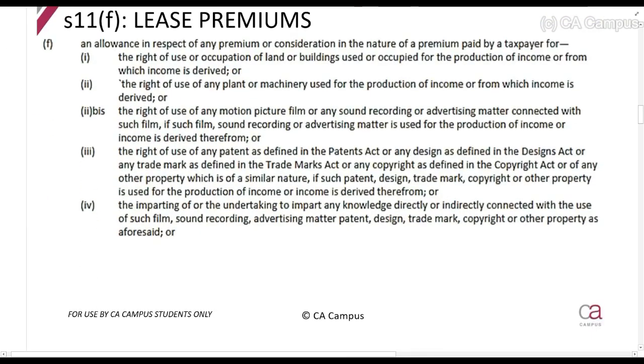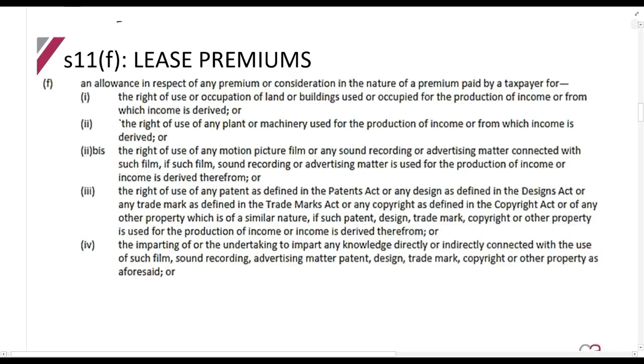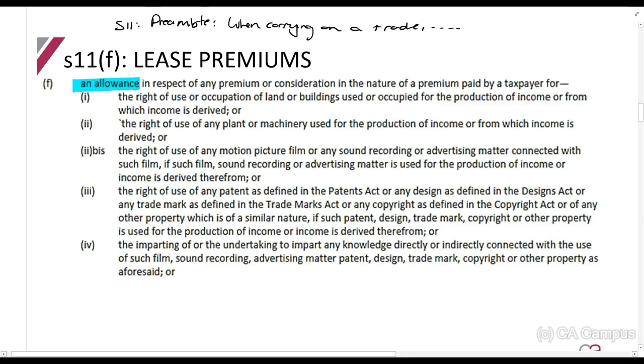So here it is in the Act. So remember, guys, this is section 11. So section 11 started with a preamble that said when carrying on a trade, you may deduct the following: an allowance in respect of a premium or consideration paid for the right of use or occupation of land or buildings in the production of income, right?